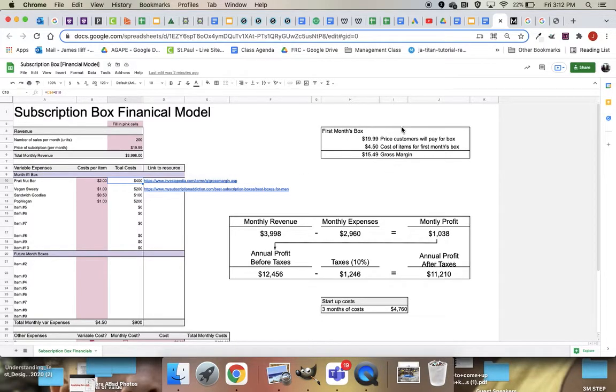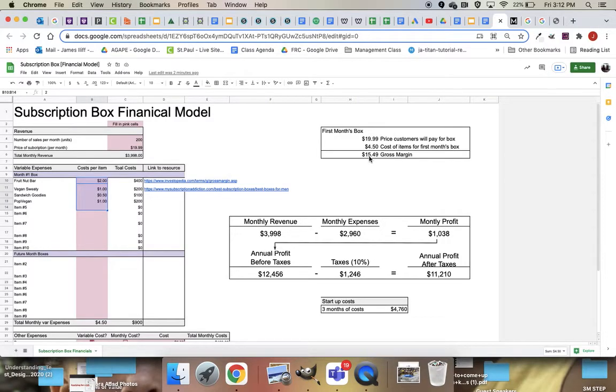Look over here. This tells you, for your first month's box, you're planning to sell it for $19.99 per box. You have a total cost of items at $4.50. So if you add all this up, it adds up to $4.50.